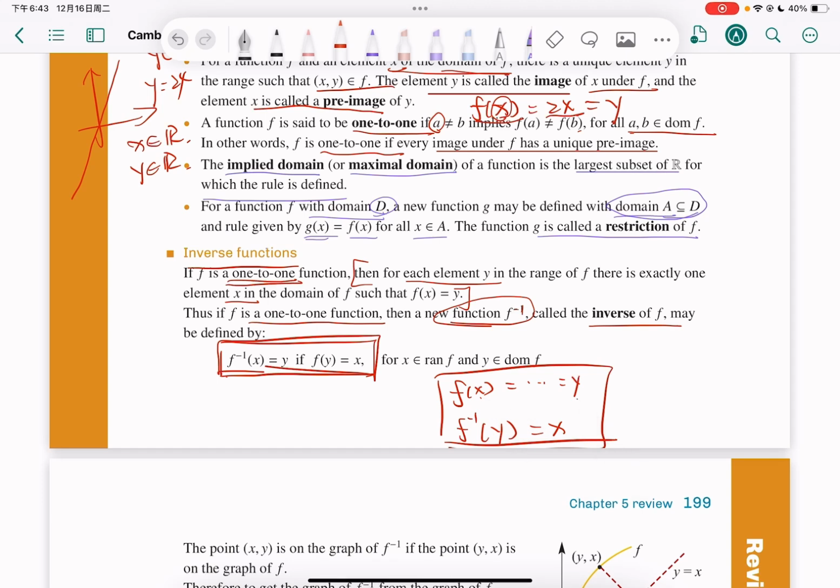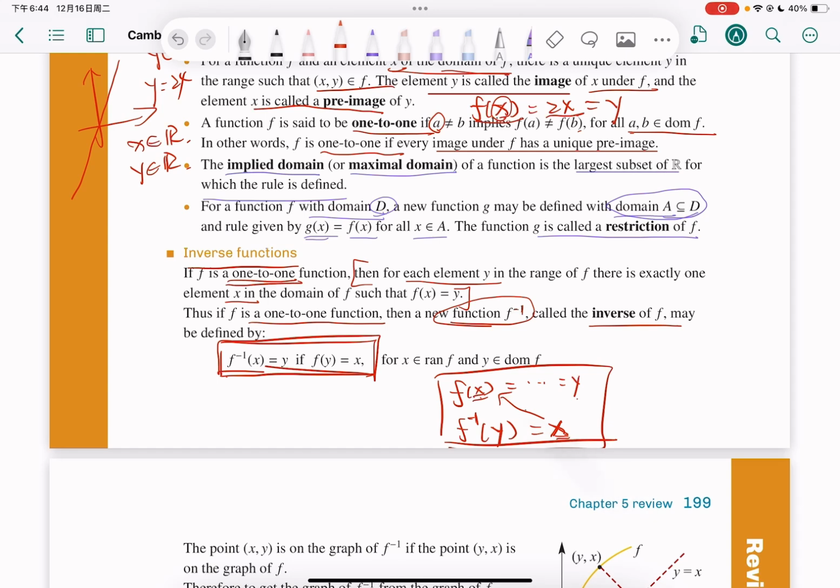However, for the inverse function, it's called inverse because it's actually inversing the input and output. For the f inverse, if we input y, we'll be able to get the output as x. So it's inversed. The x should be an input, but instead in the inverse function, it's acting as an output.